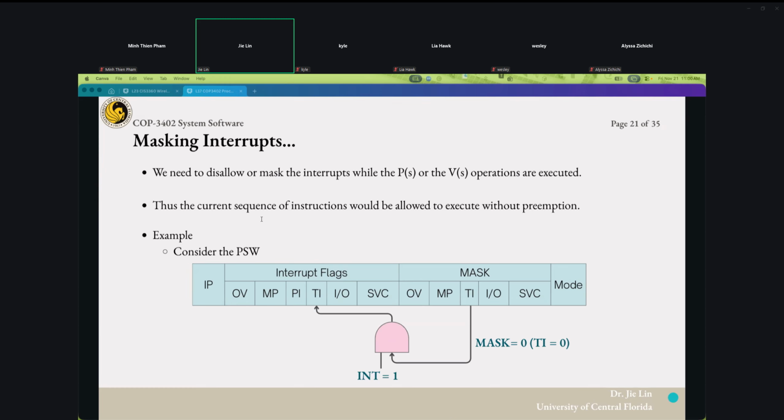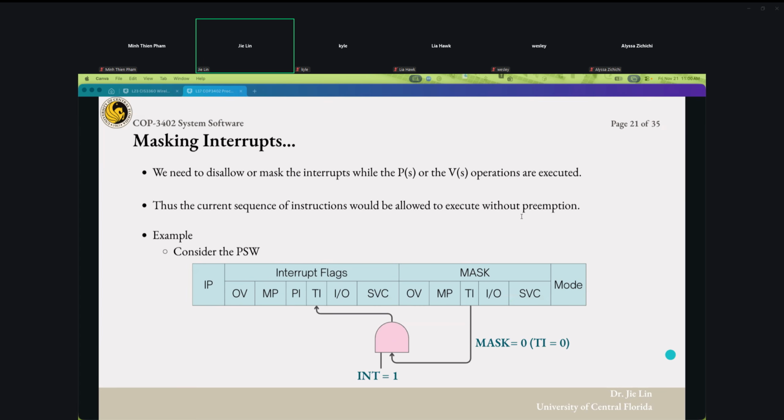The reason for this is straightforward. If interrupts were allowed during the semaphore operations, context switching might occur at a critical moment, causing an inconsistent state or race conditions. Here we see an example using the process state word, PSW. A mask field within the PSW controls which interrupts are permitted.